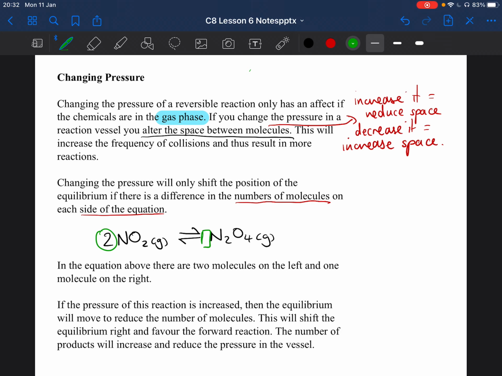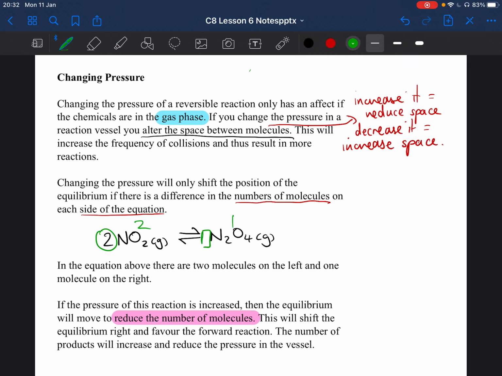So what that tells us is, for every 2 molecules of this, we get 1 molecule of that. So if I was to increase the pressure of this reaction mixture, it would shift to, and this is a key point that you guys need to remember, reduce the number of molecules, because if you have less molecules, then you decrease the pressure.